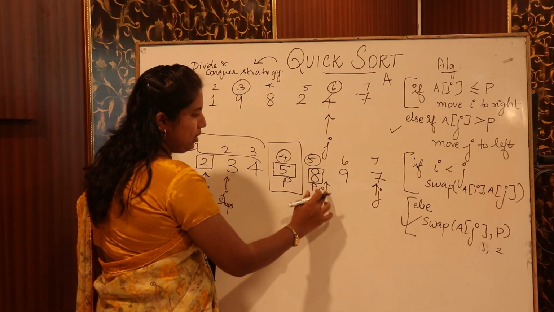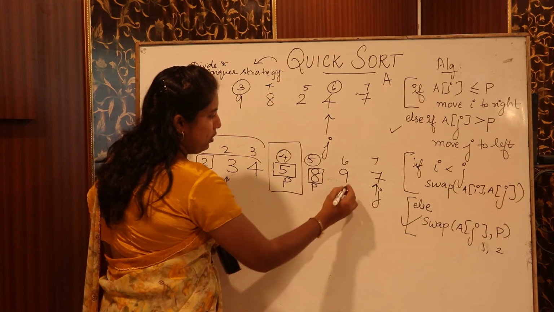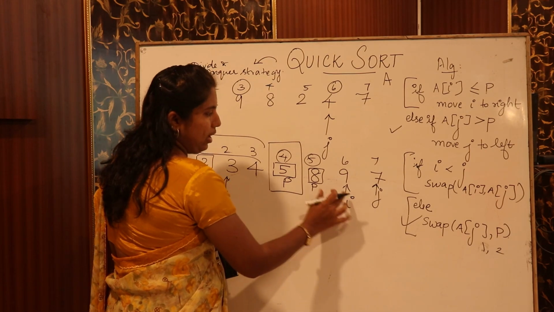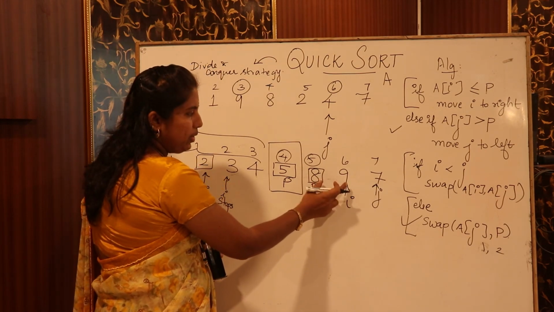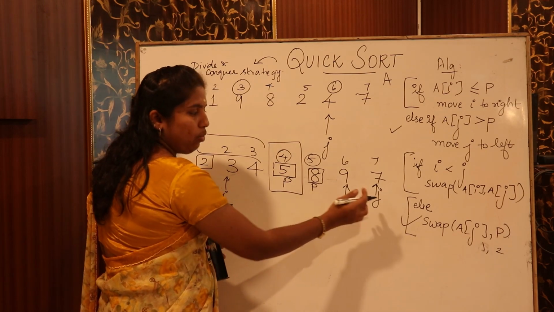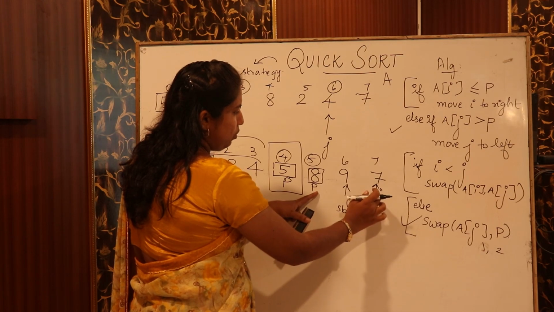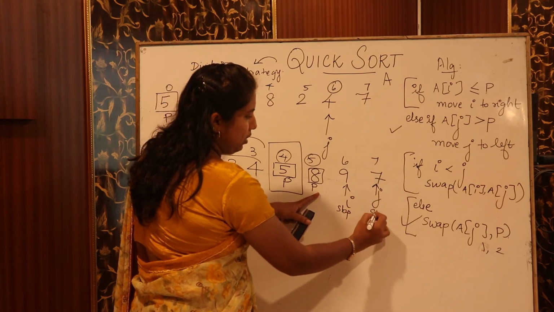It is correct. So I will be moving this ith pointer to here, and again I will be checking the condition. The condition becomes false, so we will be stopping it over here, and we will move on to the j pointer. j is lesser than this one. So we have to stop it over here.